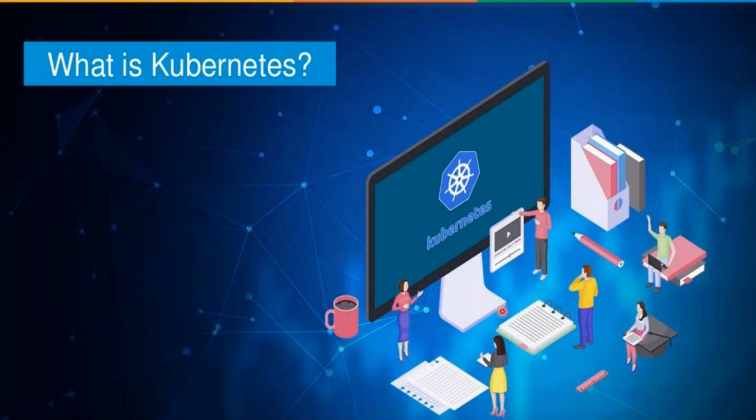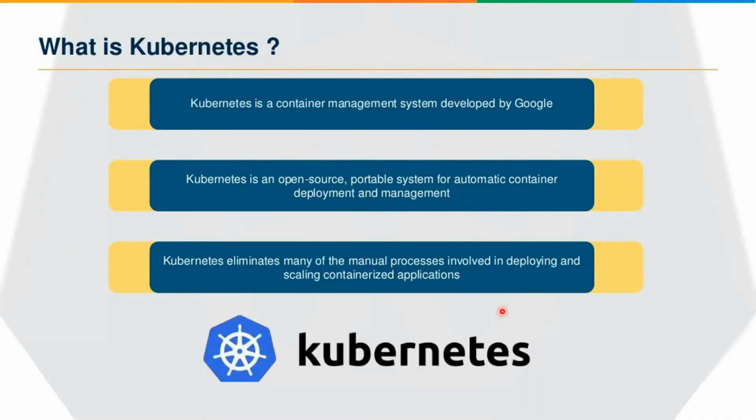And what is Kubernetes? Kubernetes is a container management system developed by Google. Kubernetes is an open source portable system for automatic container deployment and management. Kubernetes eliminates many of the manual processes.